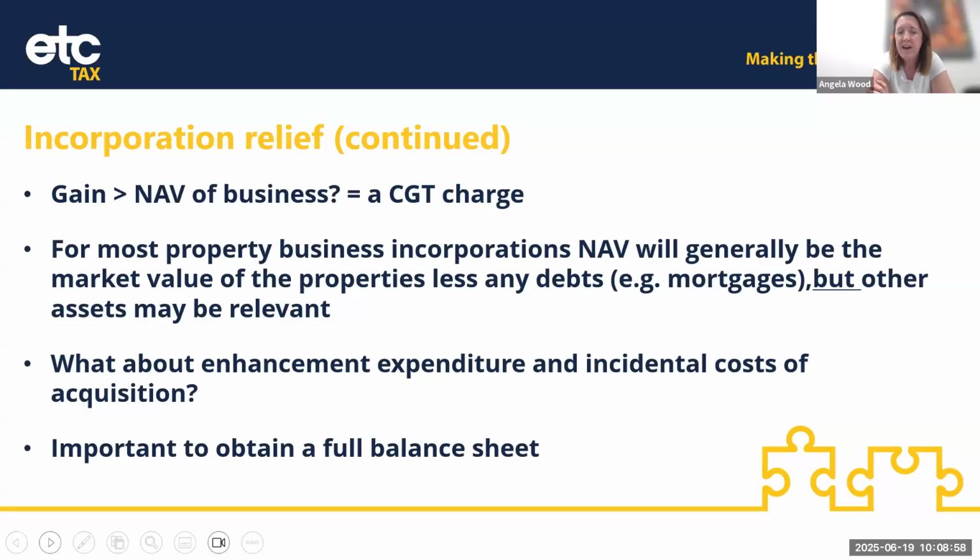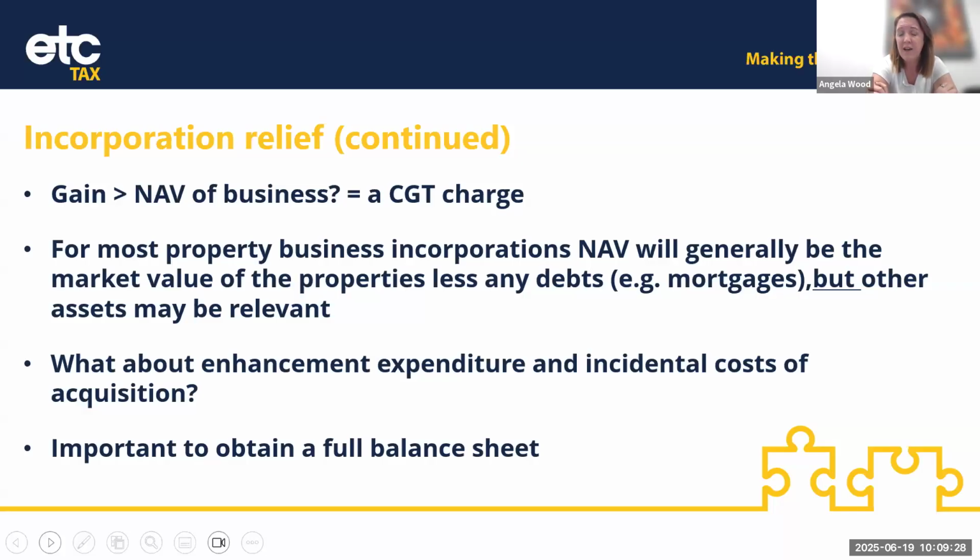What we find then is it's often useful to look at some of the other costs and things that can be deducted from the value of the property in arriving at that capital gain. So things like enhancement expenditure, incidental cost of acquisition, etc. So this is normal capital gains tax rules, but we find that clients tend to focus on the property value, less the original cost, which of course is the very basic part of a capital gains tax calculation.